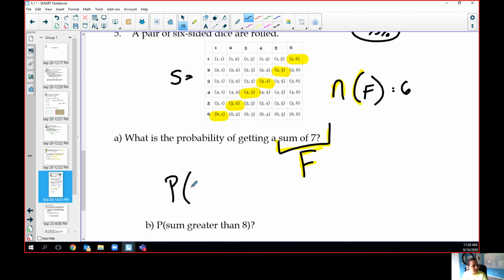So the probability of F will be 6 divided by 36. Or when we put that in our calculator, that would be 1 out of 6, or 0.166 repeating. Or when I round, I can just say that about 16.7% of the time we have the probability of getting a sum of 7.